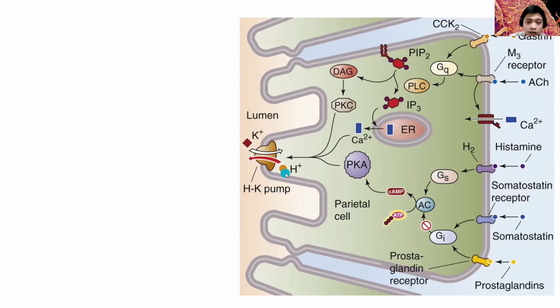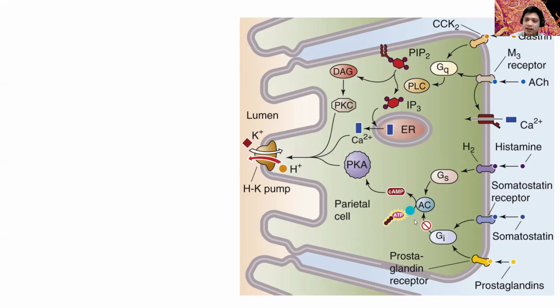So it will pump into the lumen acid or hydrogen cation in exchange for absorbing potassium. So you pump proton out into the lumen and you absorb potassium from the lumen back into the parietal cell. So ano siya? Siya yung central player natin sa acid secretion.